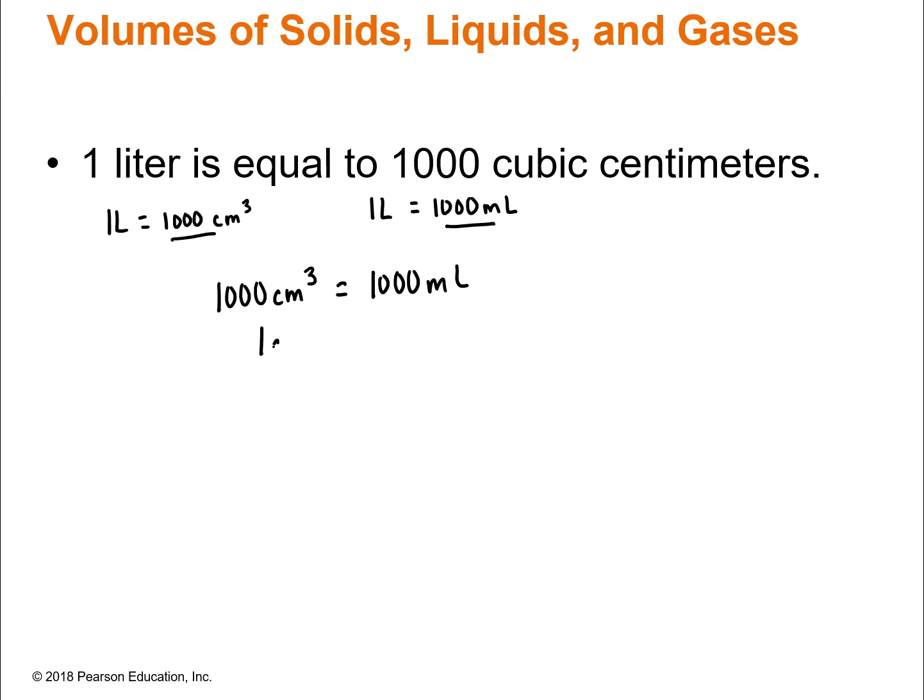You can simplify that down to say 1 cubic centimeter is the same thing as 1 milliliter. So when you're at the doctor's office or you're watching some kind of medical show and they say, we need 5 cc's of something stat, the cc is a cubic centimeter. So it's the same thing as saying milliliters.